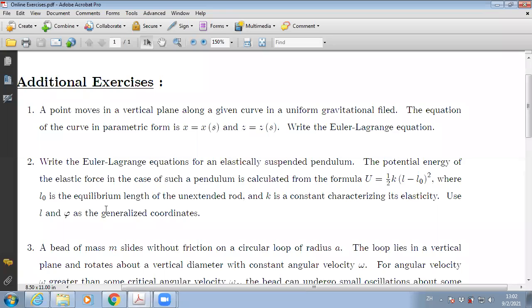Now, to tackle this kind of problem, what you need to do is follow the recipe. Write down the Cartesian coordinates, write down the velocities, and then find the kinetic energy, find the potential energy, all right? And then the Lagrangian. Finally, express the Lagrangian in terms of the generalized coordinates and generalized velocities.